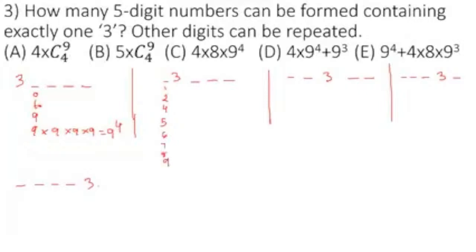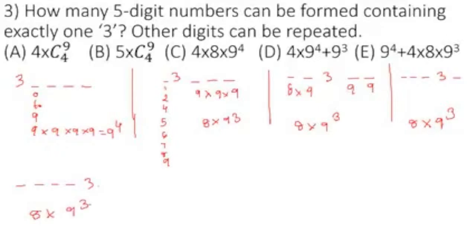So I have 8 possibilities, and for the remaining places I don't have any restriction, so I can take 9 times here. So it is nothing but 8 into 9 cube. Same thing here: 8 chances, 9 chances, 9 chances, 9 chances. So again 8 into 9 cube here. The same thing will be followed here, so nothing but 8 into 9 cube. Here also the same case, getting 8 into 9 cube.